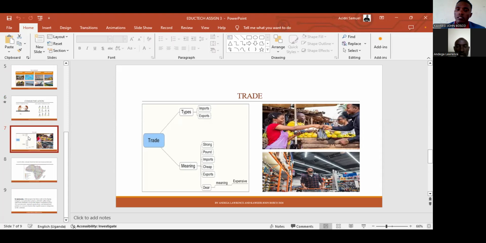And of course, the topic is trade. Then I see people in the market trying to sell goods like oranges and mangoes. The woman in the red shirt is the seller here, and the other one is buying. I also see a person in a shop trying to shop.